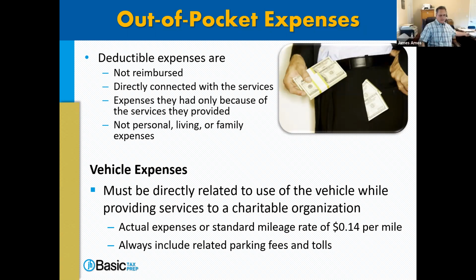And then for charity, 14 cents. So just remember those three amounts. That will help you in real life, and it'll also help you while you're taking a test, because then you won't have to try to figure that out. So 54.5 cents for business, 18 cents for medical, 14 cents for charity.